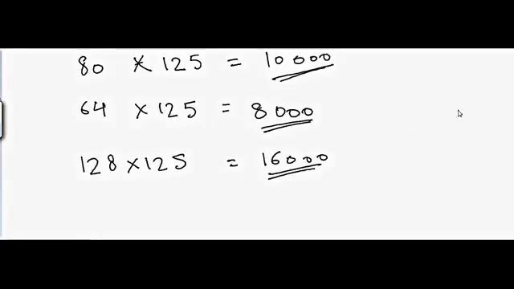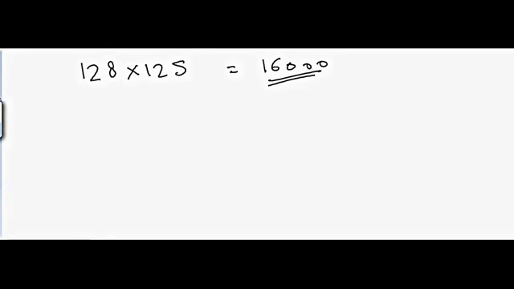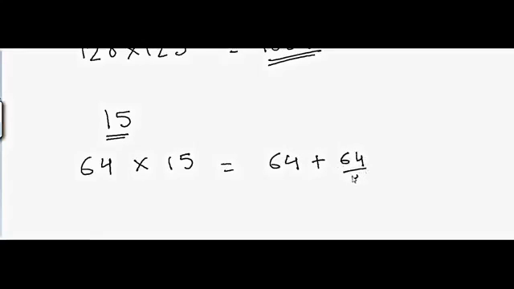Now let's go to multiplication by 15. In the case of 15, this is a little different. Suppose we have 64 and want to multiply it by 15. In this case, I will take 64 and add 64 divided by 2 to it, and then multiply by 10.